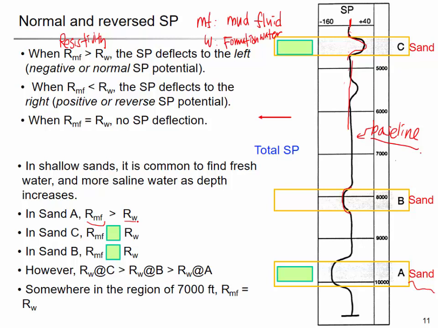Then, what about in the case C? You have a reverse, right? The reverse SP potential. It's going to the right direction and it deflects positively. So this means that the water resistivity is larger than the mud filtrate resistivity.